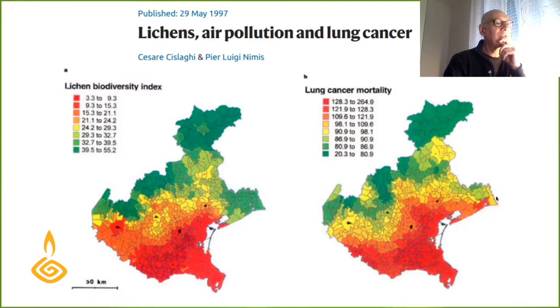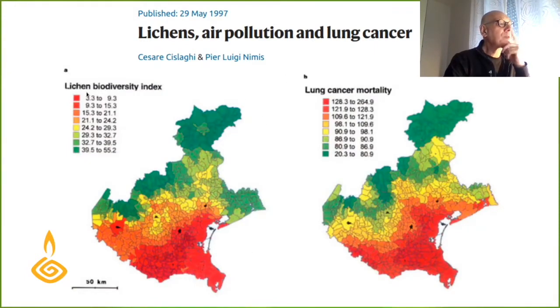This is the Veneto region of Italy. Here there is Venice, or you know Venice. And of course, the proxy is air pollution. With lichens, we measure the pollution of the air, which in turn causes lung cancer.